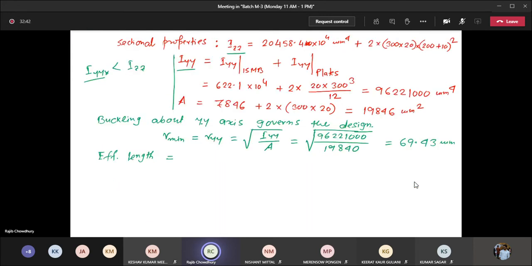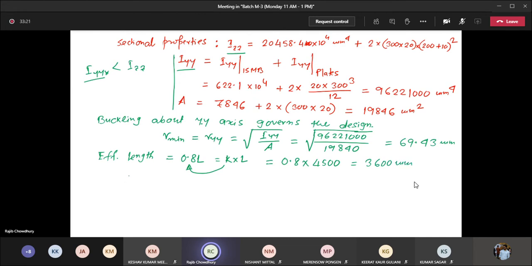Okay, so effective length may be considered as KL, where K is 0.8, which is the effective length factor, and it is also given in the IS 800. Okay, so which is coming 0.8 times 4500, 4.5 meter length was the original, so 3600 millimeter, this is your effective length.